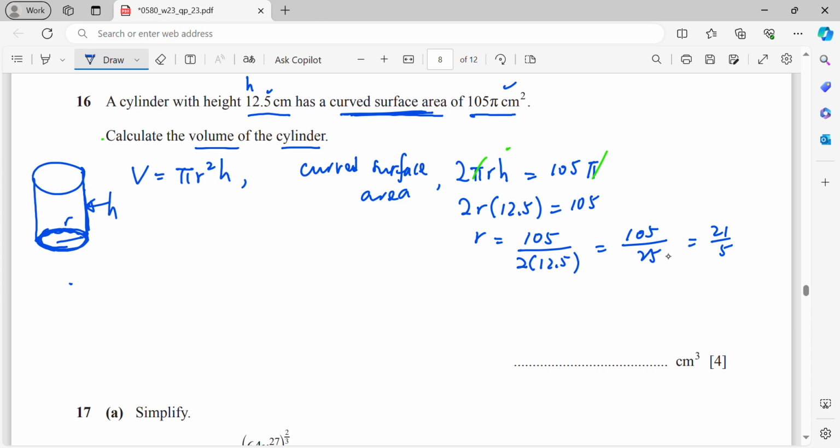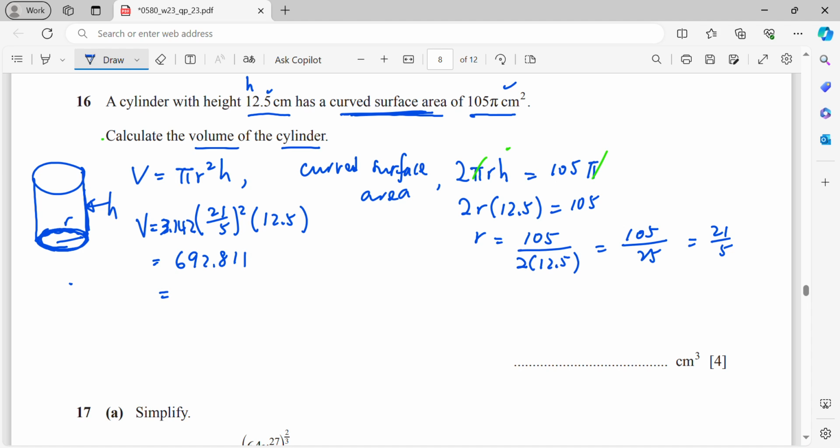Now, after you found this, substitute back into your v. So your v is pi r squared, with 21 over 5 squared as your r squared, then the h is 12.5. At the same time, you can change your pi into 3.142. So your v equals 3.142 times all these terms, and you will be getting 692.811.